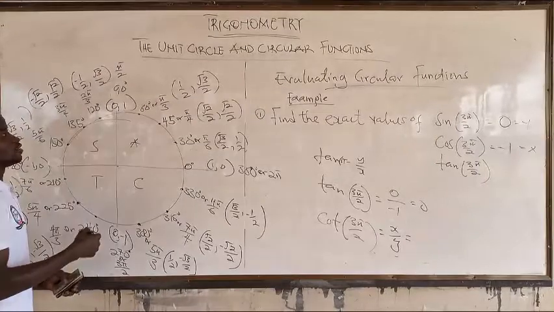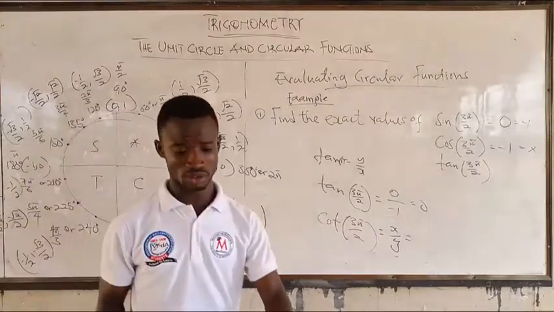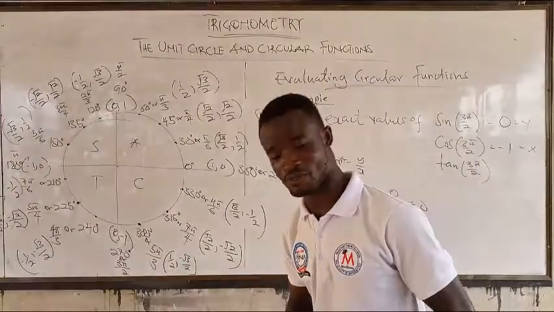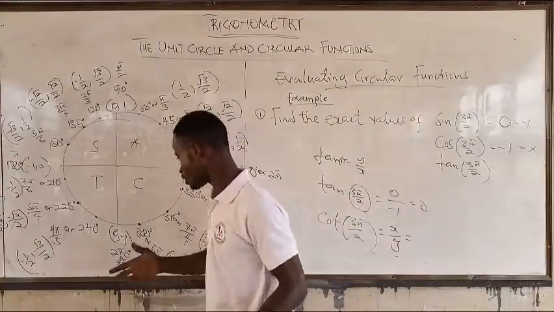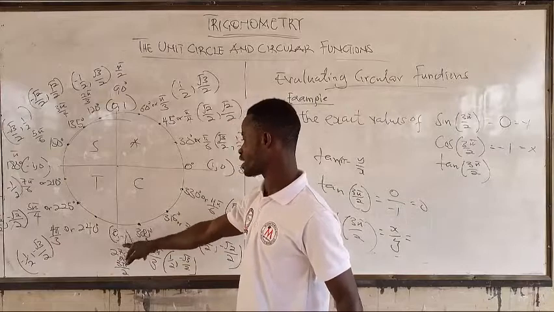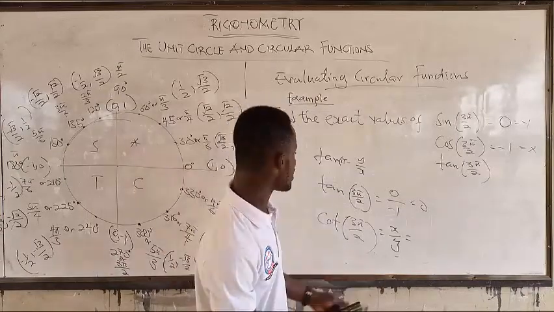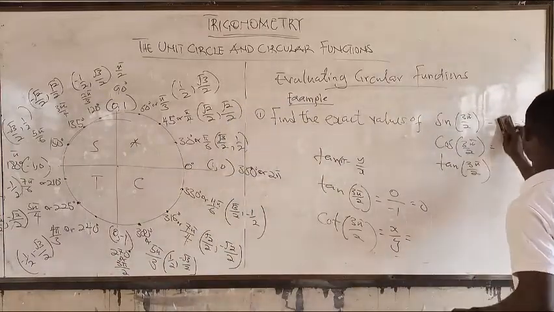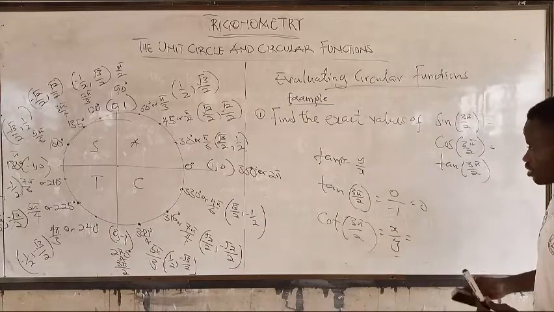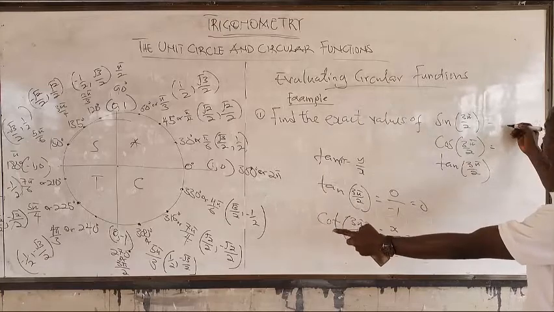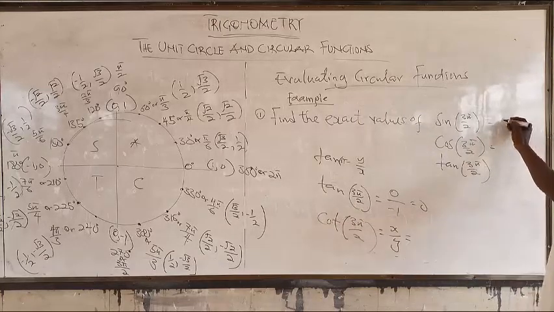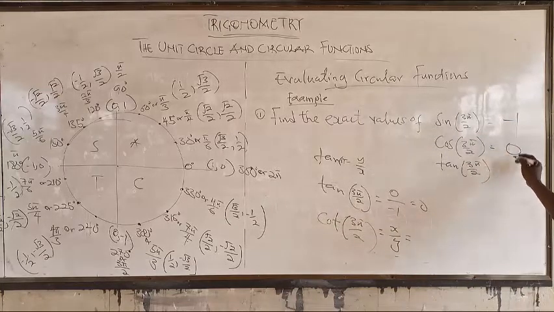I'm sure some of you realized the correction. Thank you for that. So that's how you do it. Therefore, the sine is -1 here, and the cos will be 0.